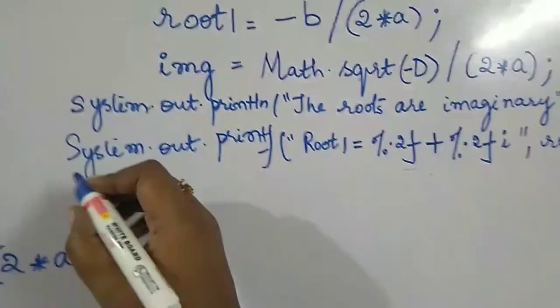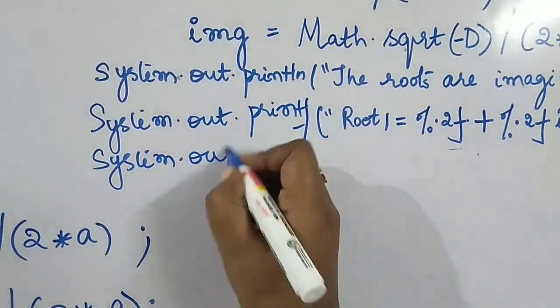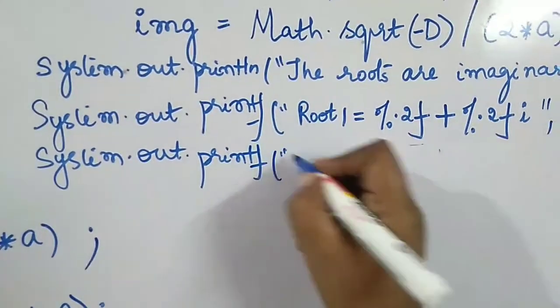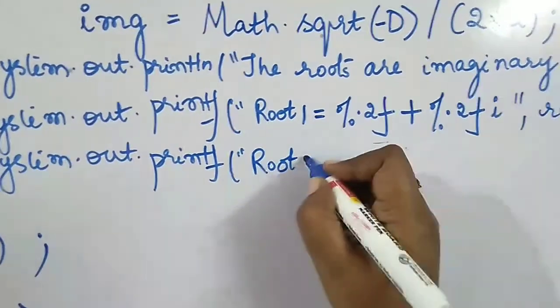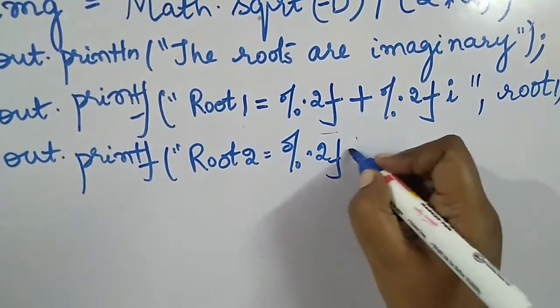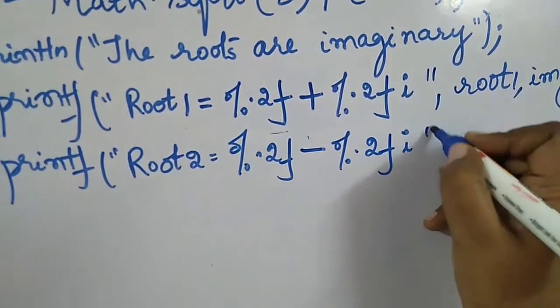In a similar way, I am writing another System.out.printf, and I will say root 2 is equal to %.2f minus %.2f i.